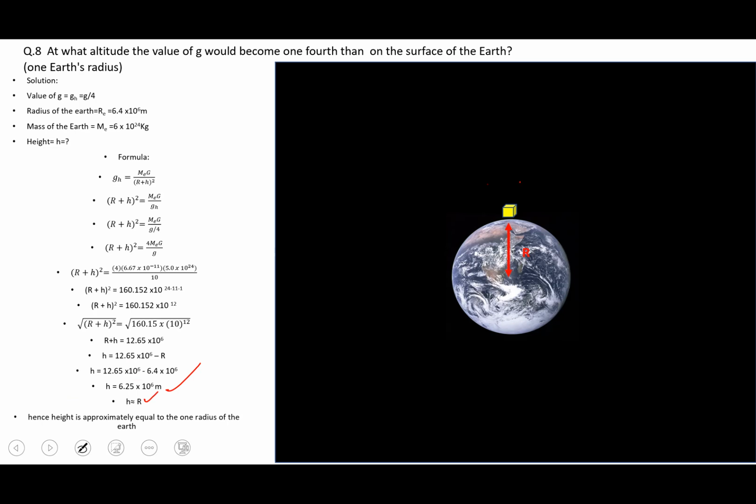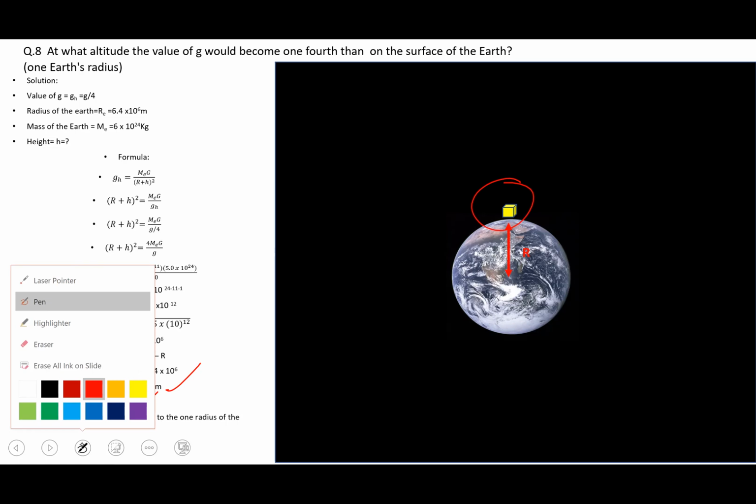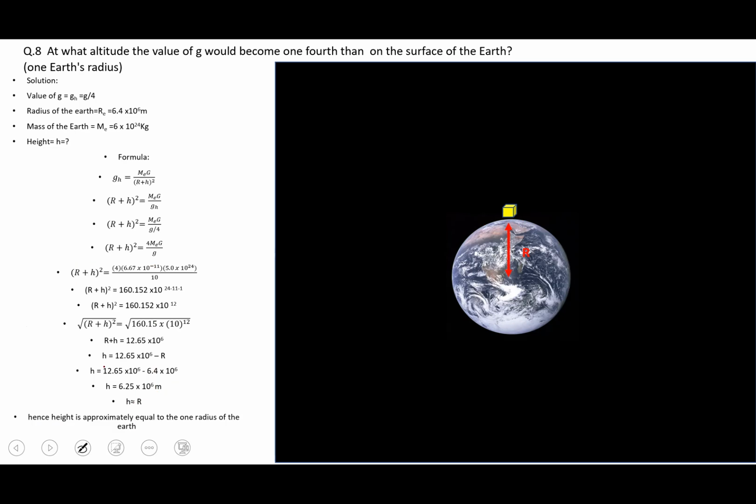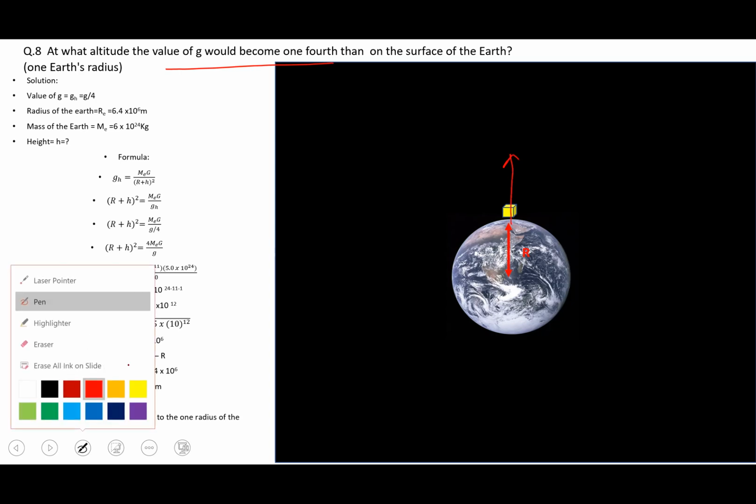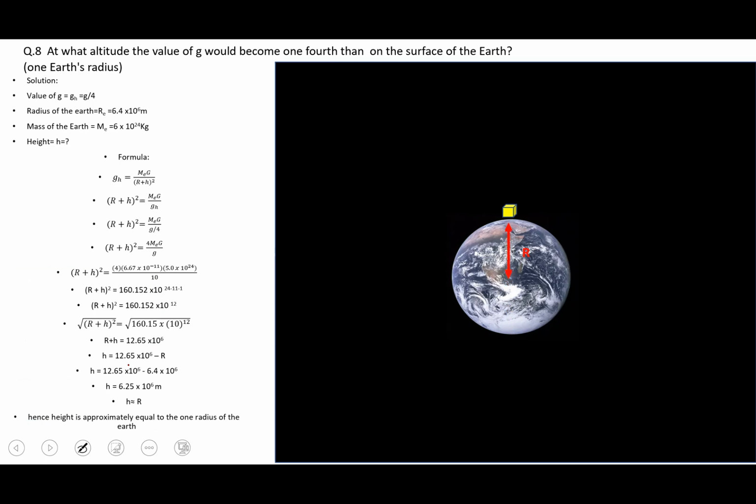So what do we do over here? If we want the body to get one-fourth value of G, we have to move it the same distance, or approximately the same distance, of R. If we move the same distance R, at this point the value of G will be one-fourth the original value of G, which was at the surface of Earth.